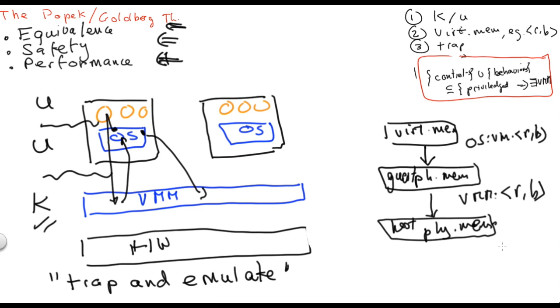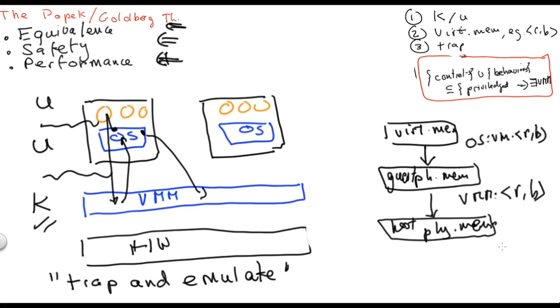And in a segmented architecture, the way you would do this is you would allocate the physical memory, and by that I mean the host physical memory, into different chunks, and each chunk is associated with a particular virtual machine. So there is an offset in host physical memory that corresponds to the beginning of the guest physical memory of each virtual machine. There's also a size of the guest physical memory that is specified by the VMM when you start the virtual machine.